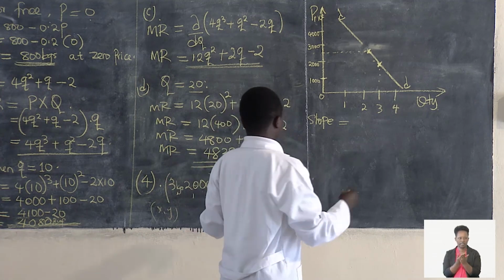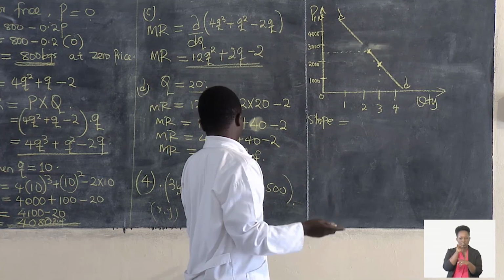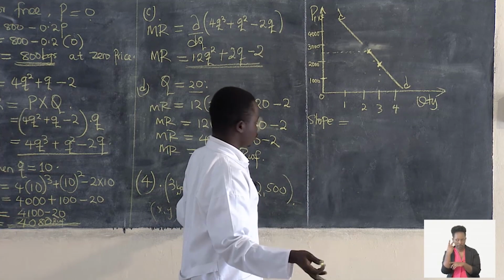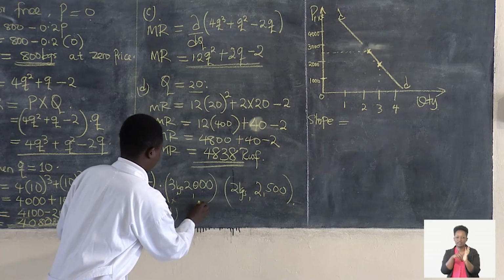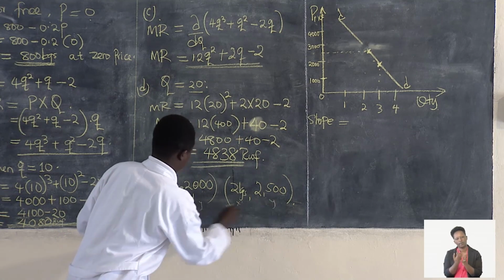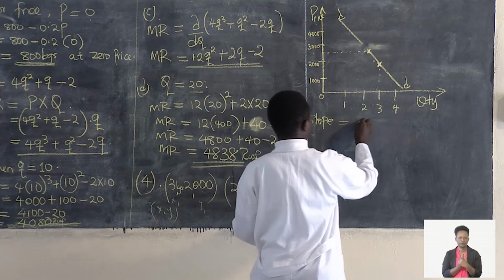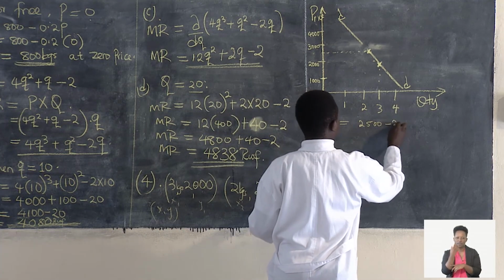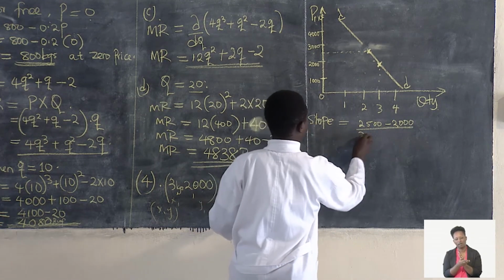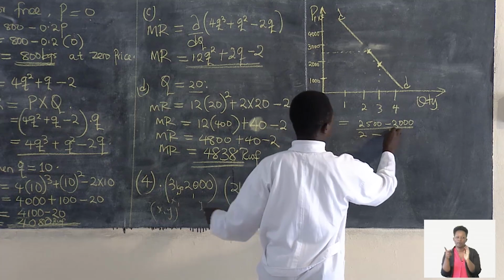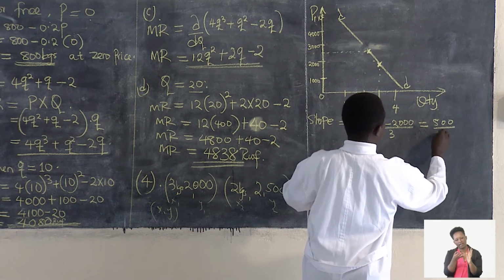So you will get y2 minus y1 over x2 minus x1, with points x1, y1 and x2, y2. In this case, we shall get 2,500 minus 2,000 over 2 minus our x1, which is 3. So we shall have 500 over negative 1.